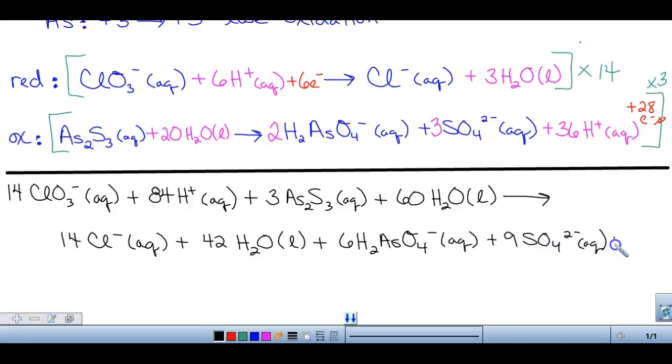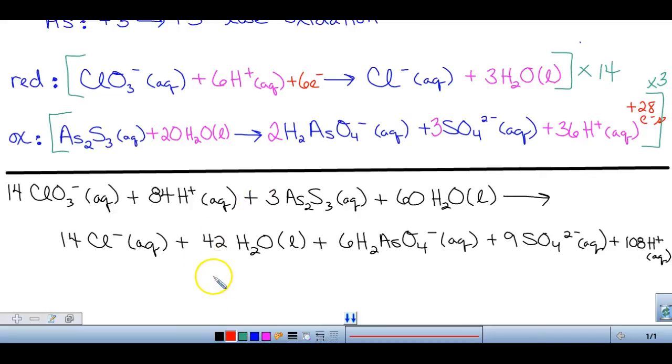And I'm about to run out of space. 36 times 3 gives me 108 hydrogen ions. Okay, now this is not our final answer, because some of this stuff most definitely cancels out.